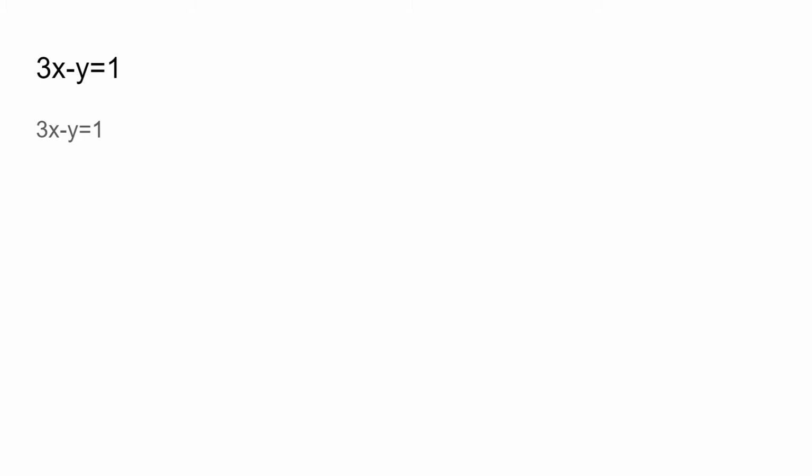So our original equation is 3x minus y equals 1, and we get that the slope-intercept form version of this is y equals 3x minus 1. And here we see that the slope is 3 and the y-intercept is -1.